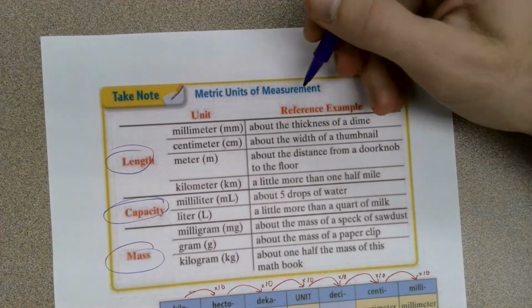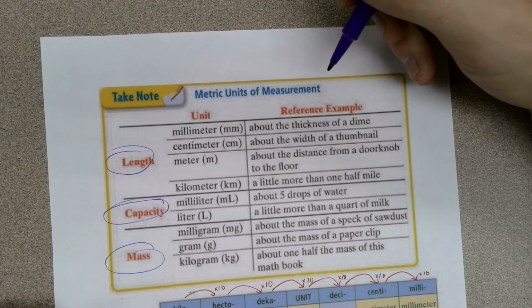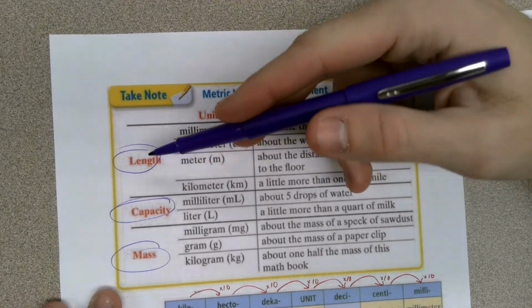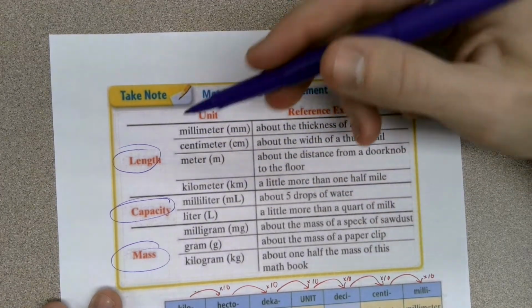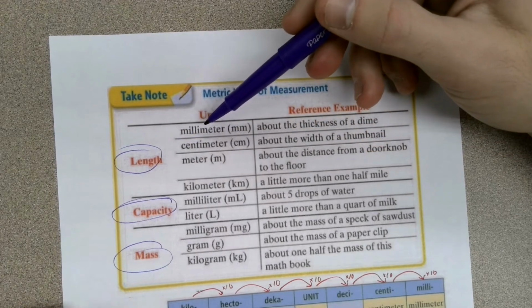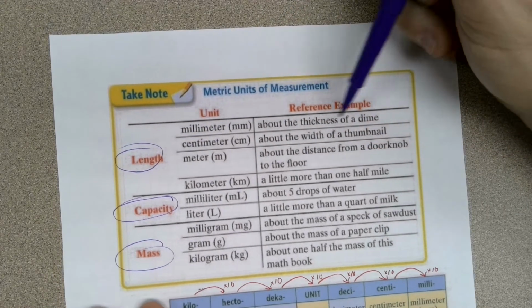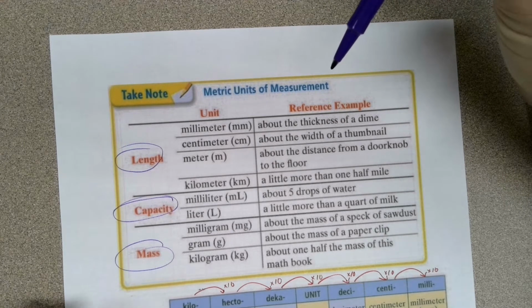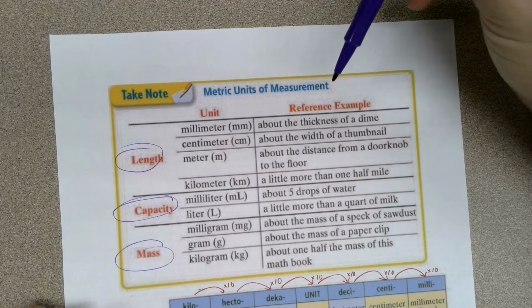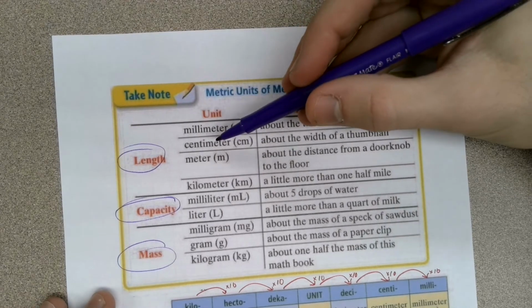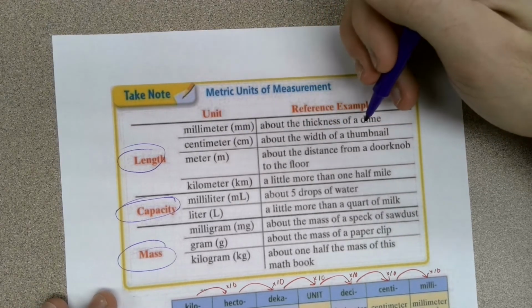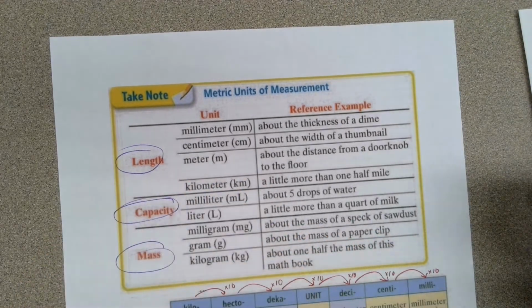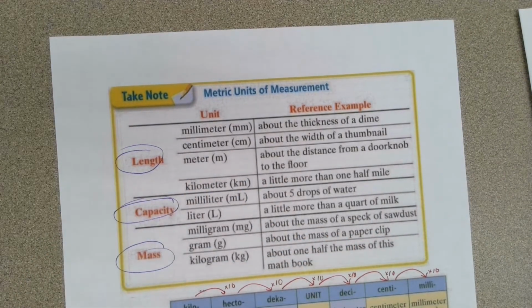And as you can see, they have a reference example for about how much they weigh next to each one. So we have length or how much they hold. So for example, a millimeter, they say, is about the thickness of a dime. So that's going to help us when we're thinking about what metric unit we want to use. So if we look at centimeter, we have the width of a thumbnail. So I'm thinking the width of a thumbnail, I actually have one right here.